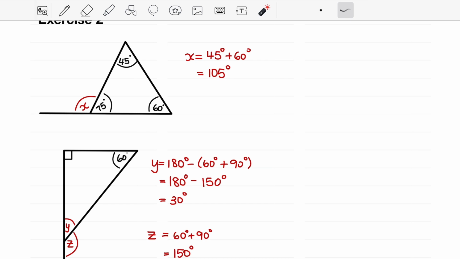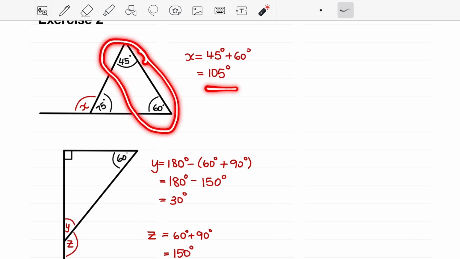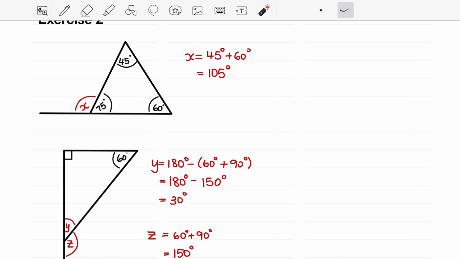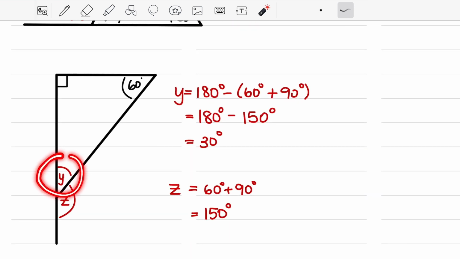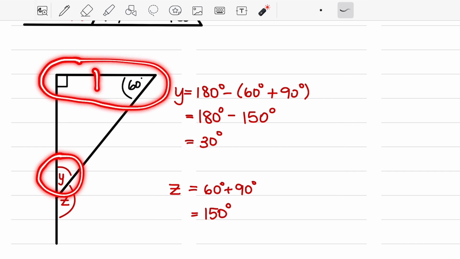So x is equal to 45 plus 60, which is 105 degrees. Y is equal to 180, subtract the sum of these two. So that'll be 180, take away 150, which is 30.